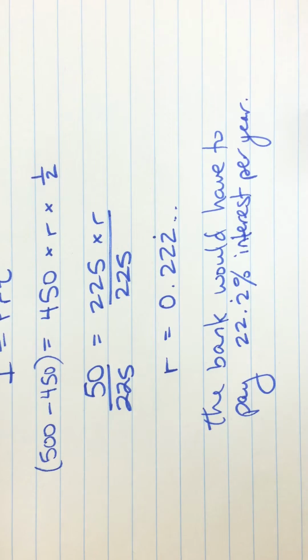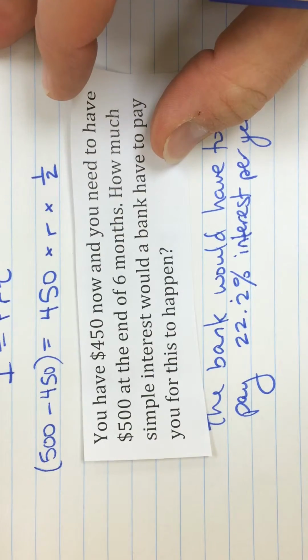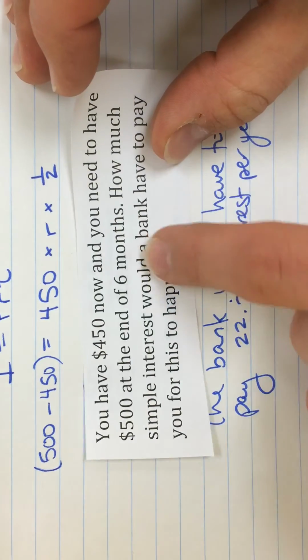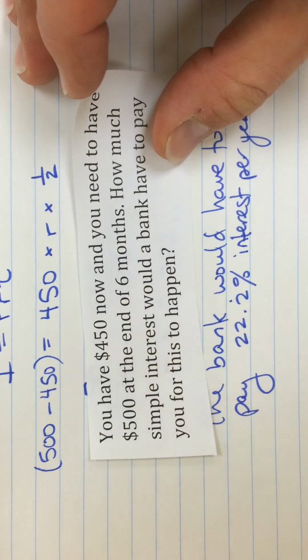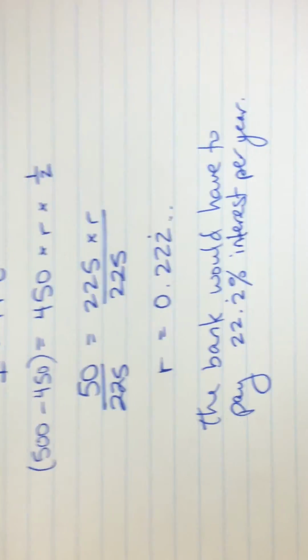Banks aren't going to pay you that much, so you better find another game plan, either a different place to invest, or you're going to have to wait longer, or find some more money to invest to begin with.